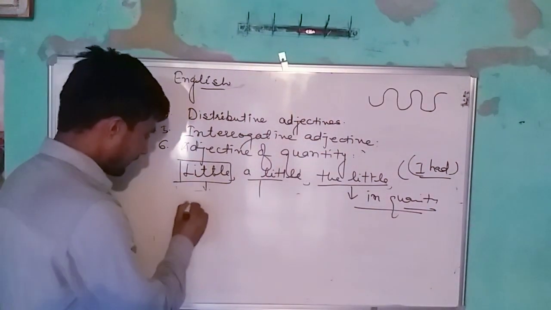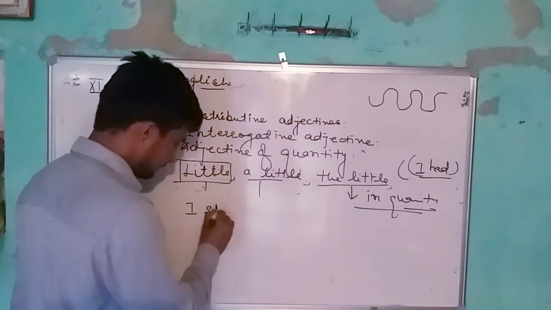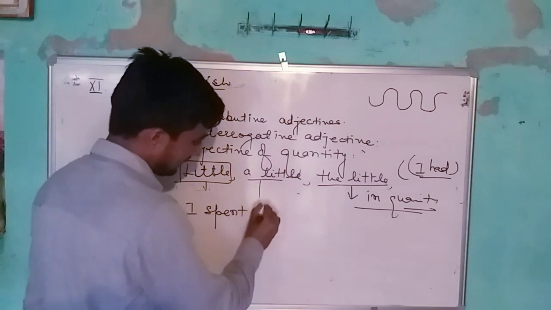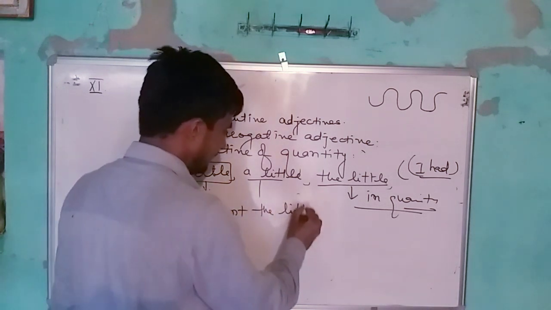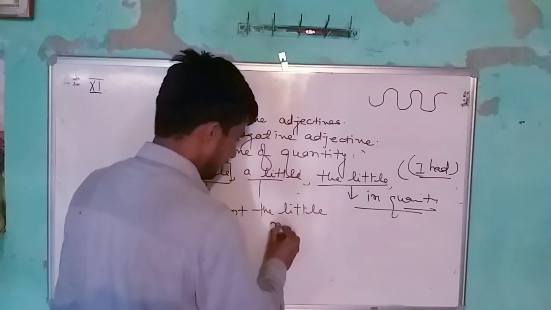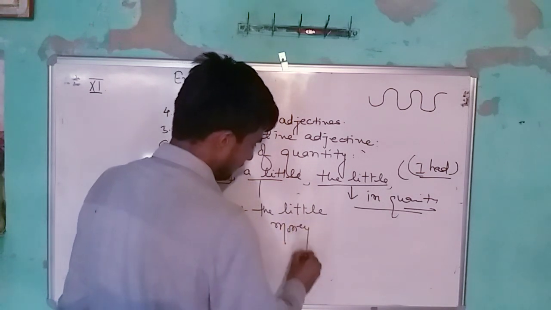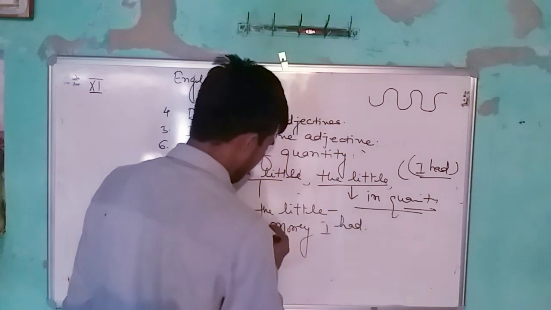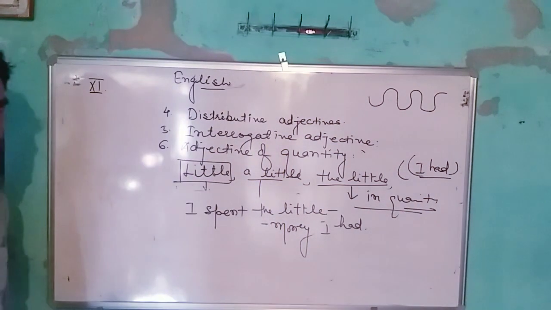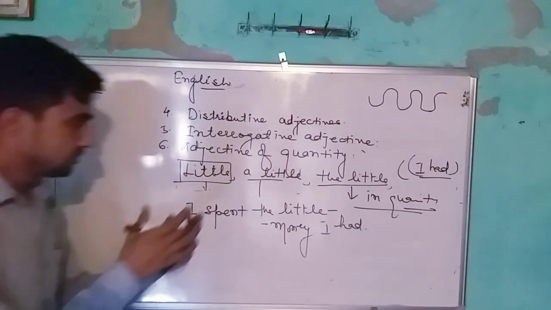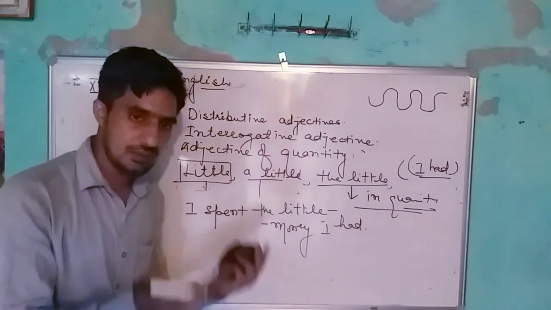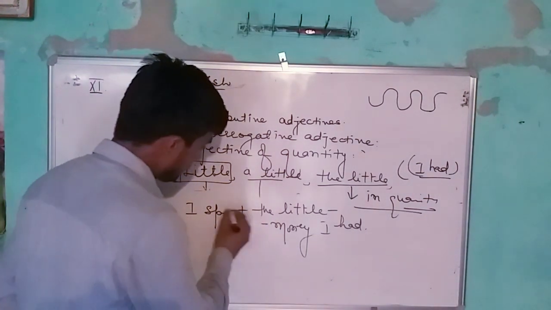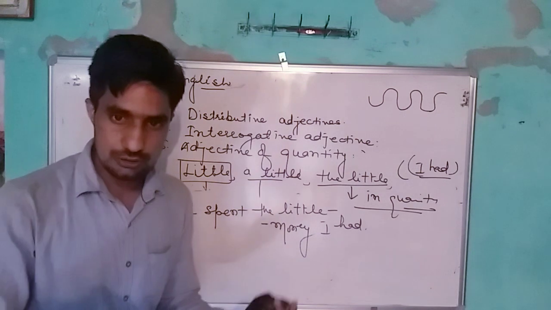For example, I spent the little money I had. It means I spent the money I had, meaning I spent all the money that I had. It denotes the entire amount that you had.